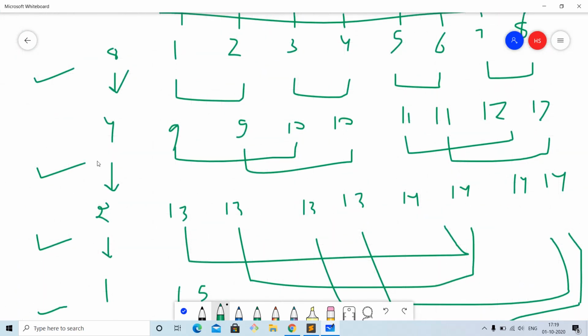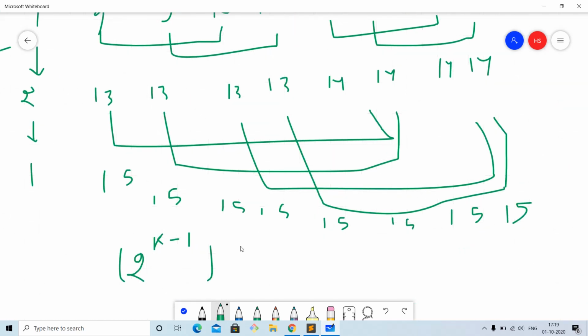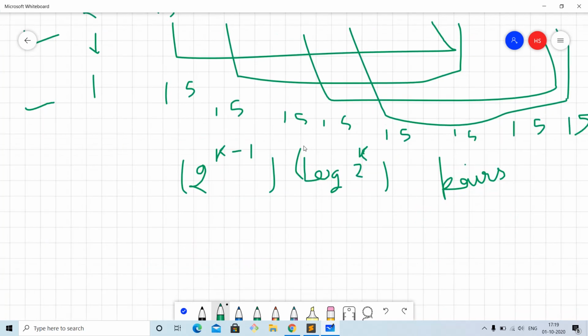From 8 to 1, which is logarithmic, we will have 3 steps. So 3 corresponds to log of 2 to the power k in this case. So in total we will have 2 to the power k minus 1 times log of 2 to the power k pairs, if we have n equal to 2 to the power k.